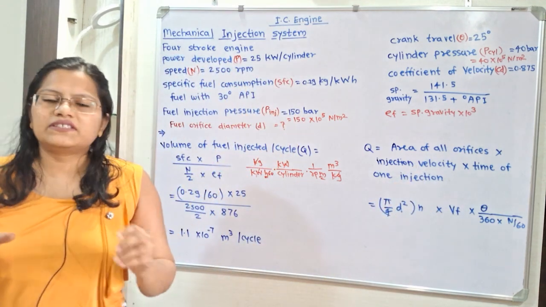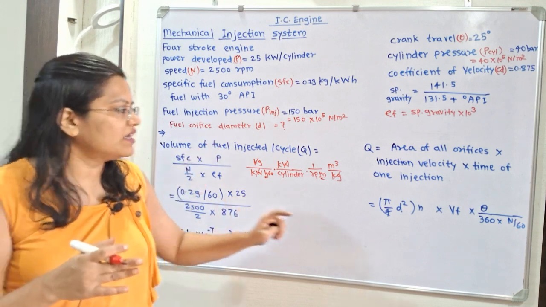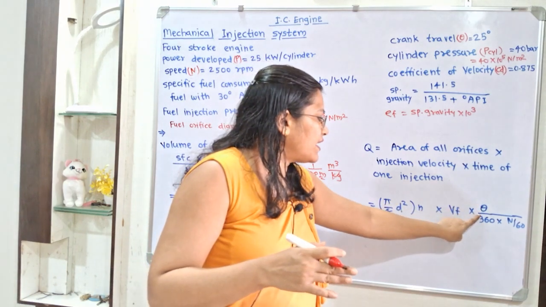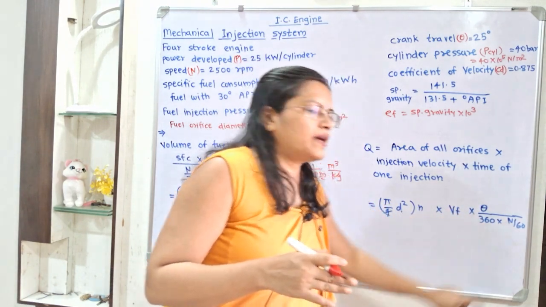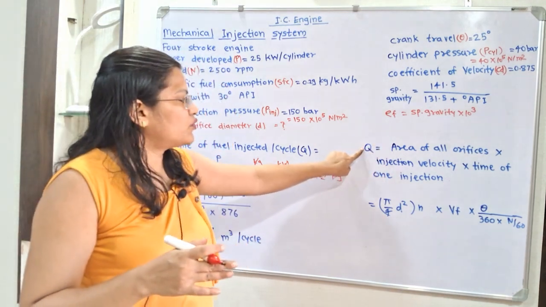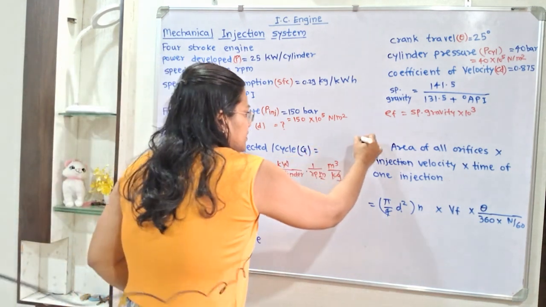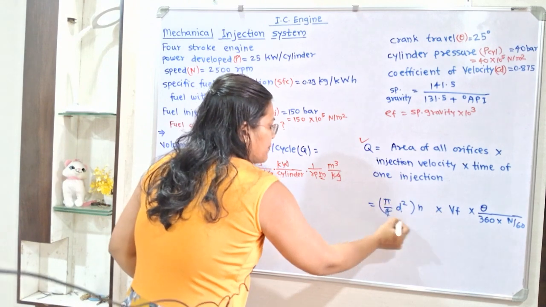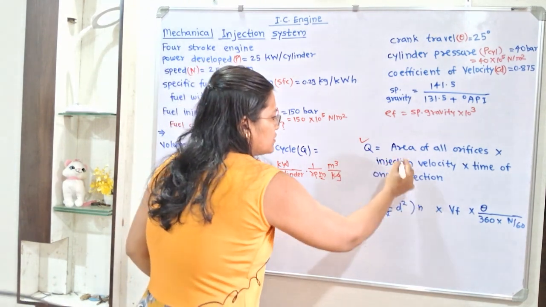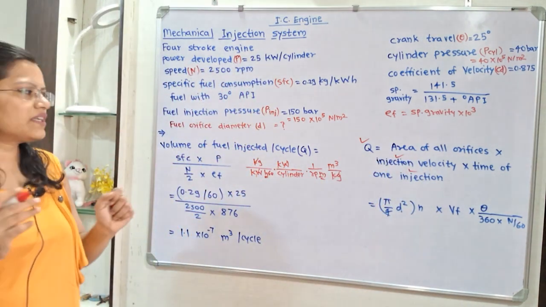Now time of one injection or duration of the injection we have calculated for this question. It is calculated by theta divided by 362 into n by 60. So we will put all this information. So value of Q is known, so we will put this. Then area of all orifices pi by 4 d square, injection velocity calculated, time of injection or duration of injection calculated.